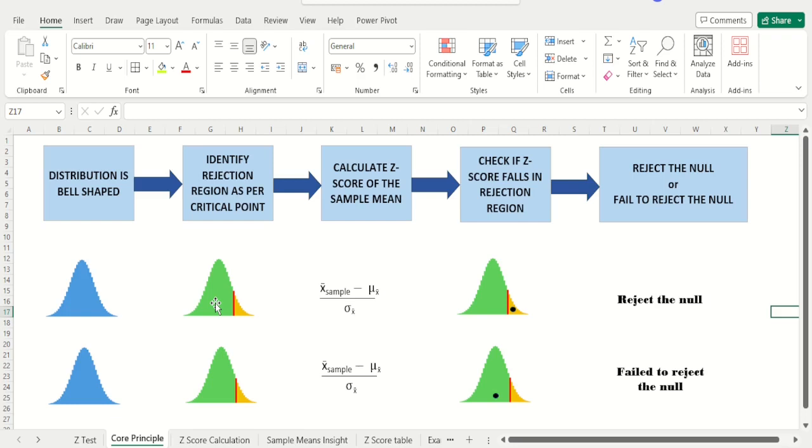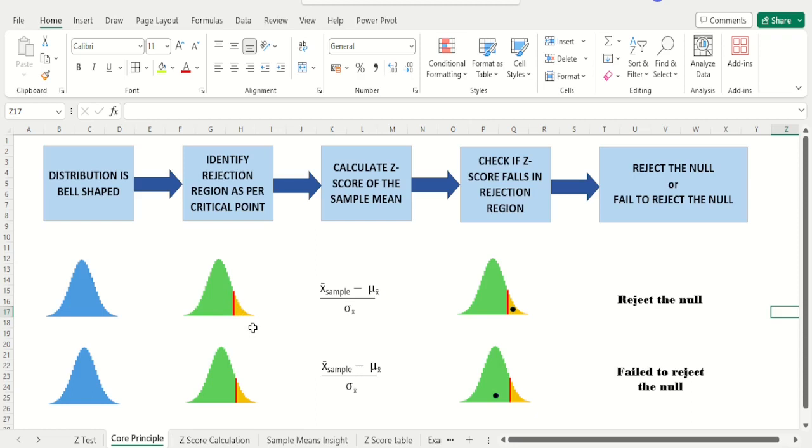Another word of caution, remember that 5% is just the most commonly taken value. The level of significance could also be 1%, in which case this red colored line would probably move closer to the edge, and this green colored area will cover a larger portion, and the amber colored area will become less.